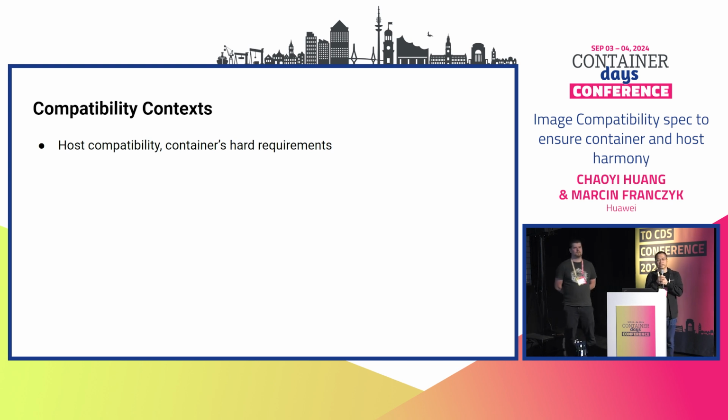The first category of compatibility is the hard requirement. That means the container application has very strict requirements on the operating system, the hardware and other components. If the host misses these components, the container cannot start and cannot run.